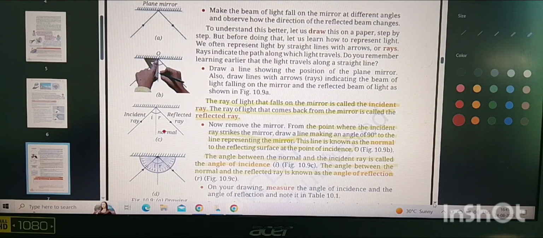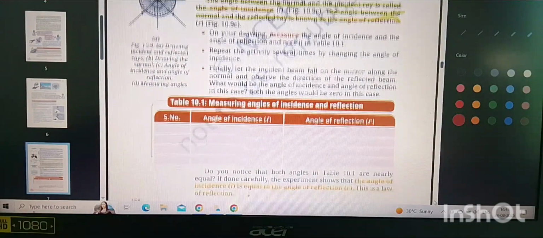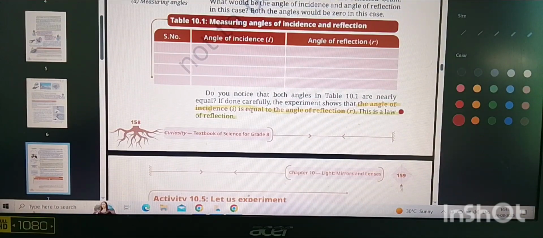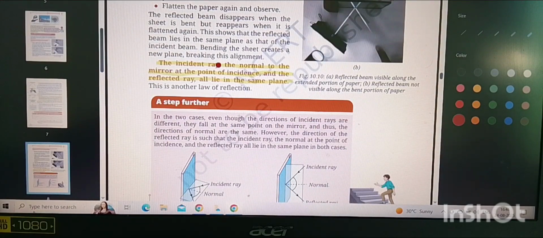These two angles, the angle of incidence and the angle of reflection, are always equal. That is the first law of reflection: the angle of incidence is equal to the angle of reflection. The other law is that the incident ray, the normal to the mirror at the point of incidence, and the reflected ray all lie in the same plane.